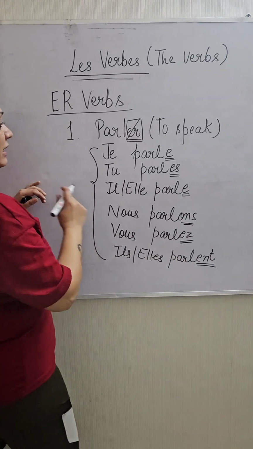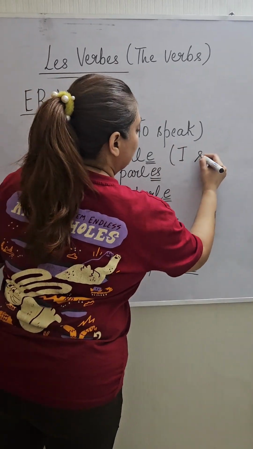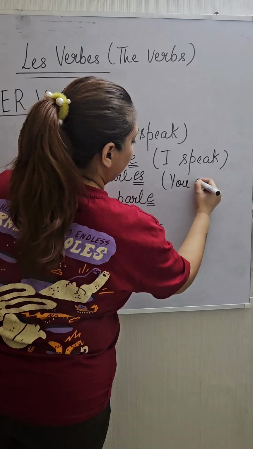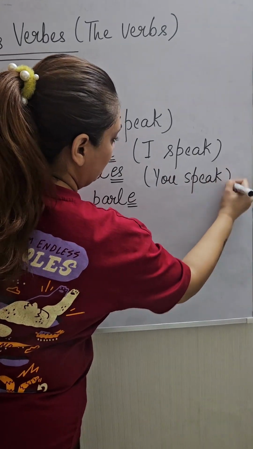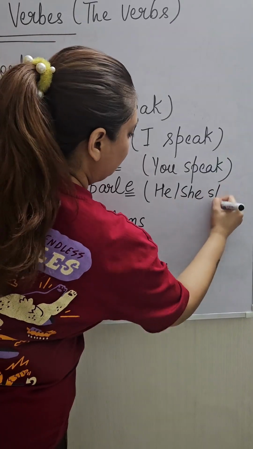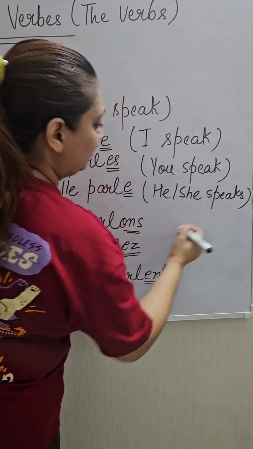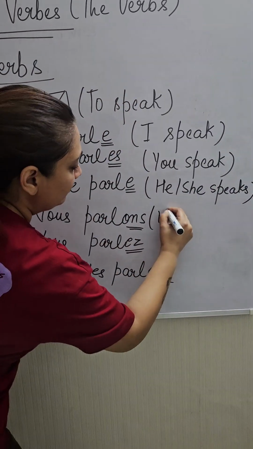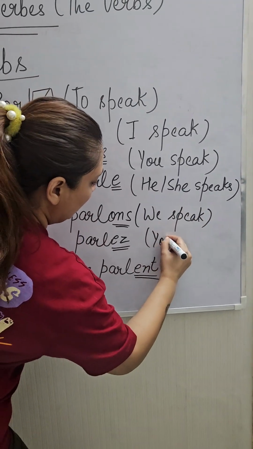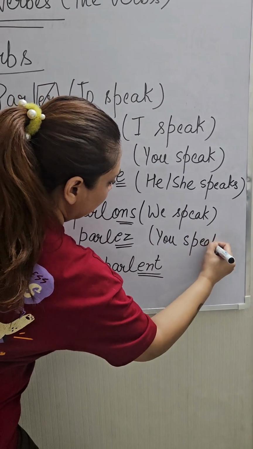Now let's see the meaning. The meaning is I speak. Here it says you speak. Here it says he speaks or she speaks. Then we have we speak. Again, then we have you speak.